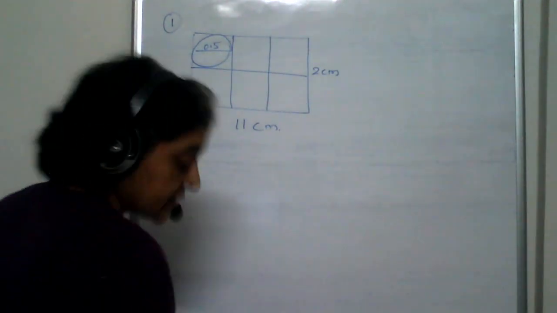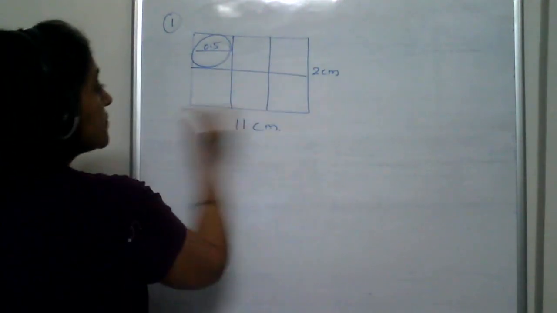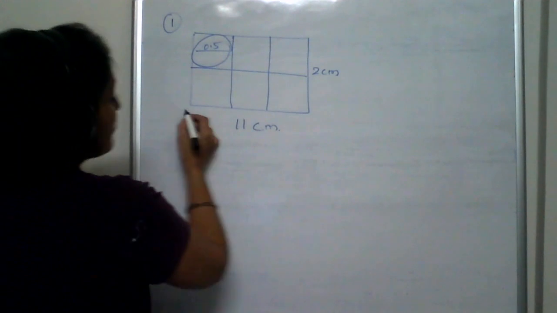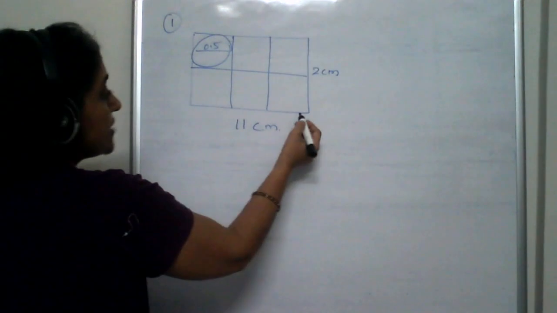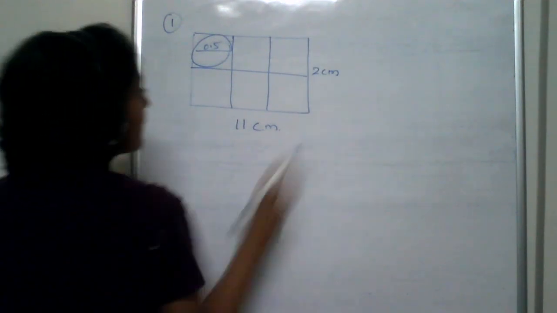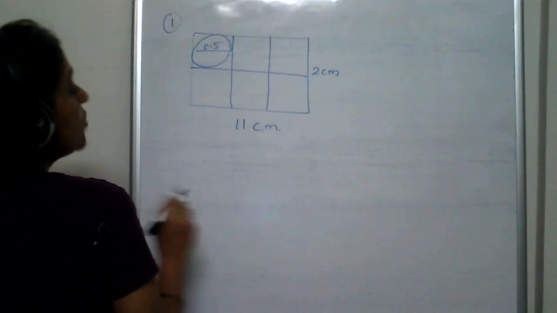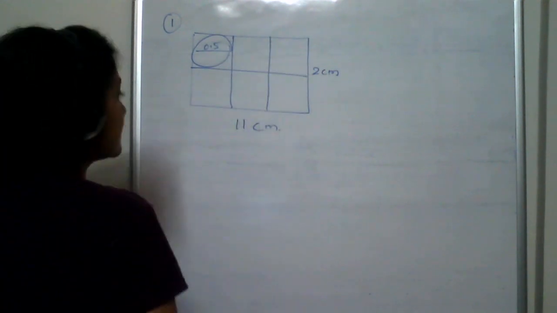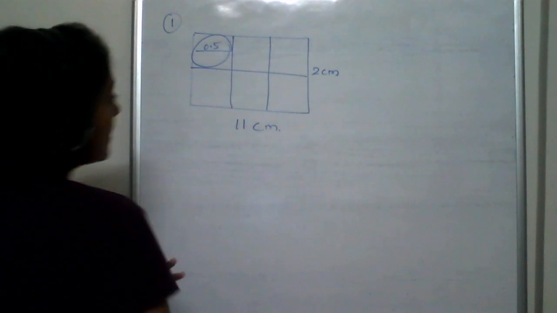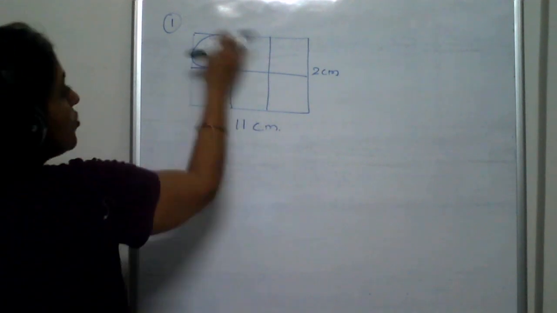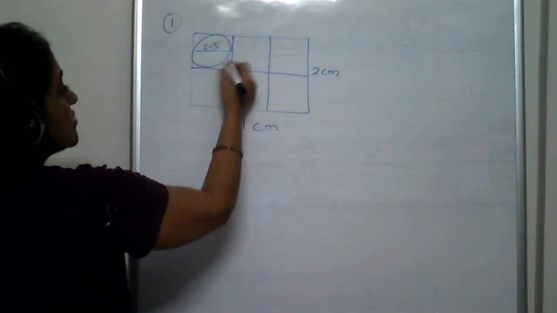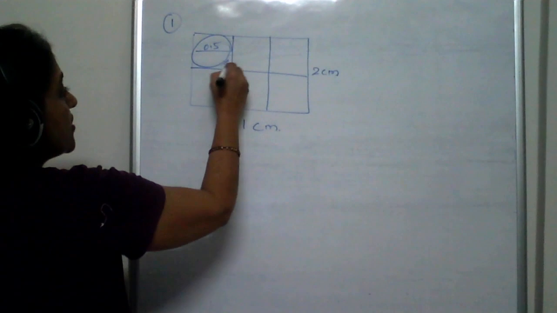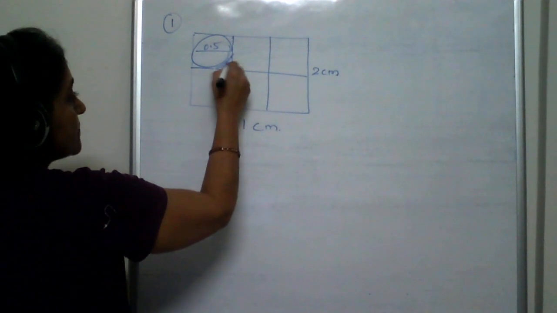Now first of all, understand that the area of the rectangular sheet can be found with the help of length into breadth. Okay, that is fine. Now you are supposed to find out how many circular discs like this can be prepared out of it. If you take away only the circular part, this part which has got wasted will not be calculated.